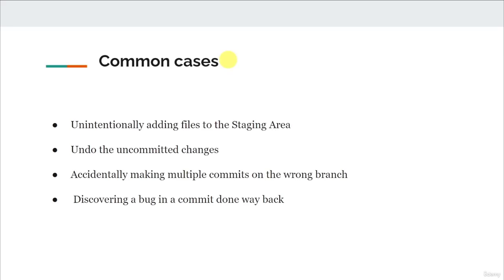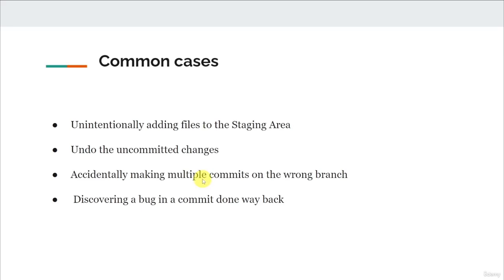Another one, we have some uncommitted changes, so we have to undo the uncommitted changes. Then sometimes we accidentally make commits on the wrong branch.